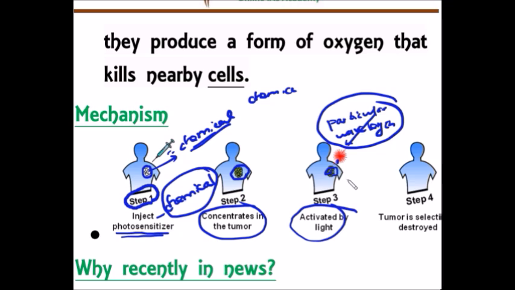Because of the heat, when it crosses 40 degrees Celsius, the cancer cell gets destroyed. The important point is that normal cells do not absorb the chemical, so they will not get heated because of the particular wavelength. So tumor cells are selectively destroyed. So it is going to become a popular cancer therapy in a couple of years.